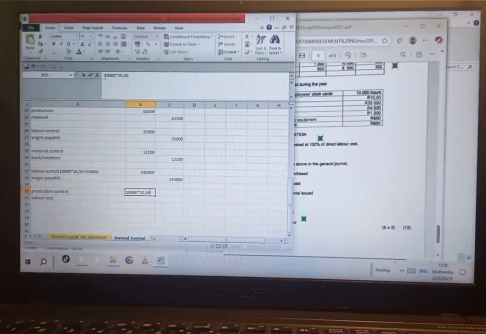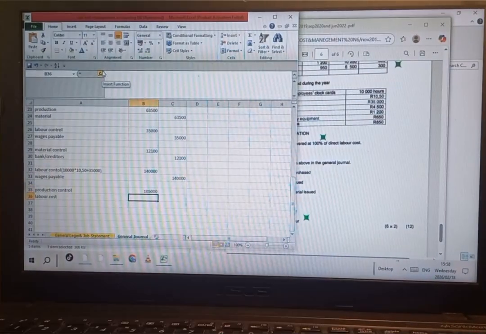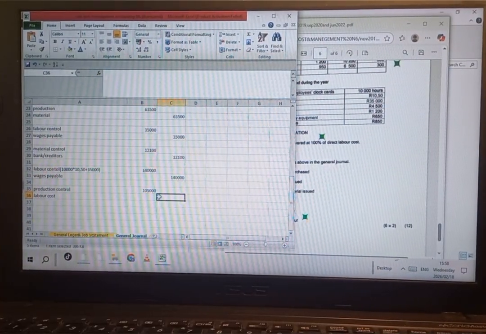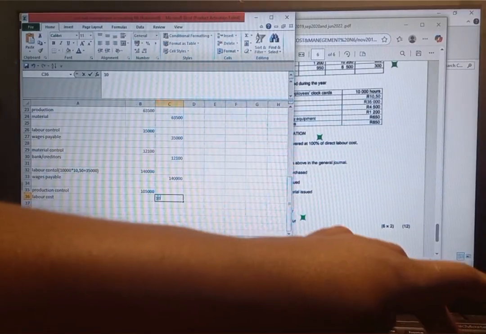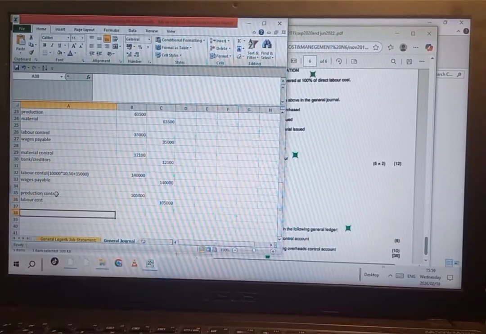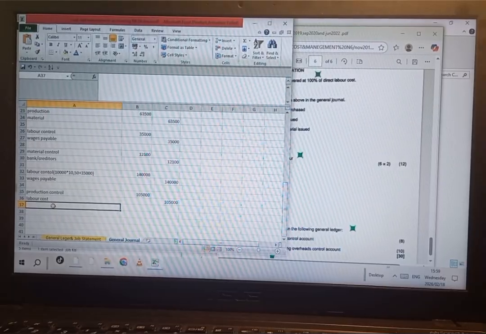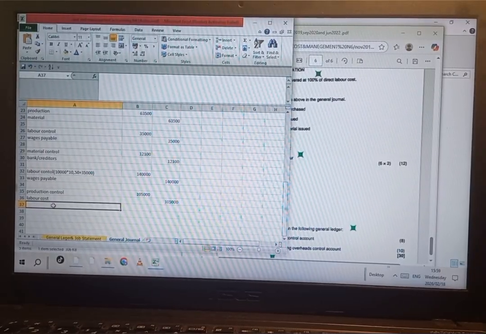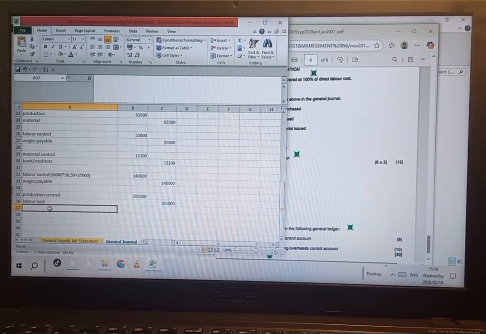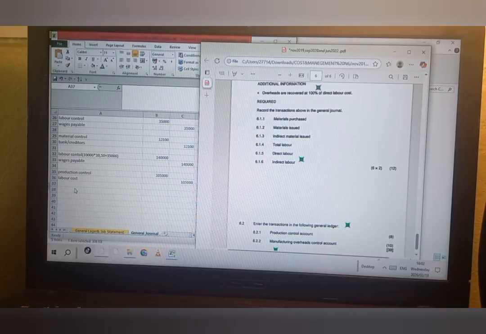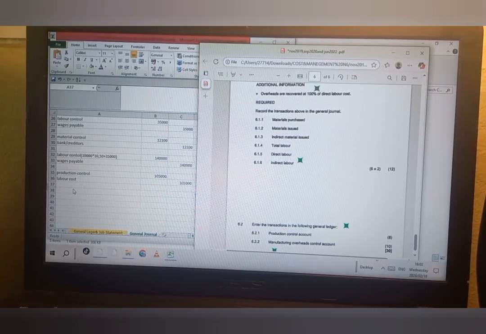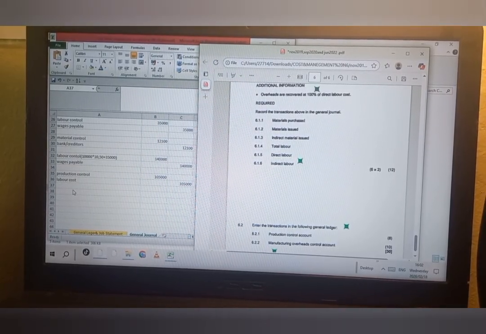We get the total direct labor, 105,000. The reason for debiting production and crediting labor cost is that it is direct labor allocation, or allocation of labor cost. We don't issue labor, but we allocate labor. So it's allocation of labor.